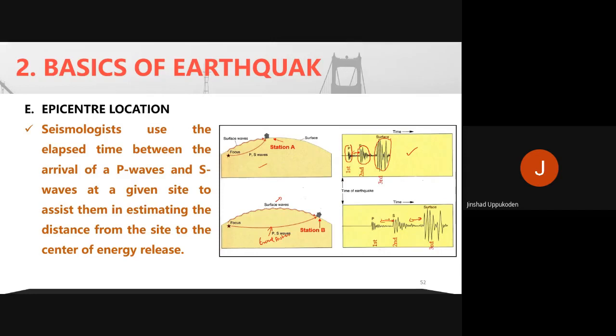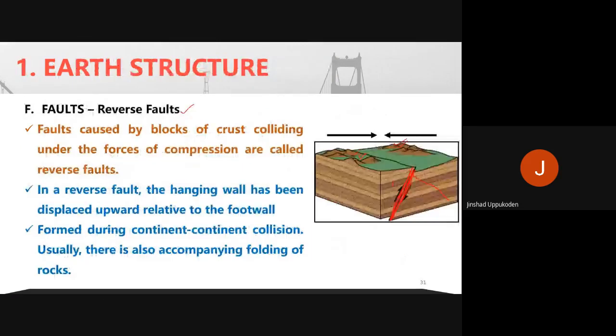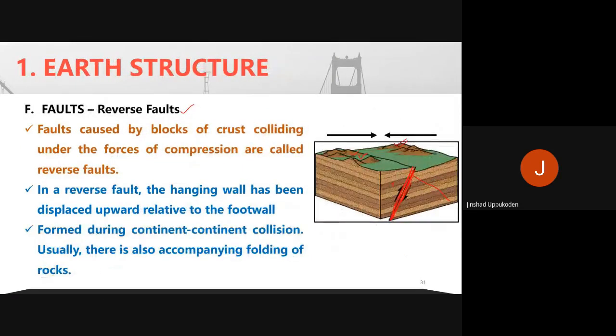That is regarding slip. The normal fault and reverse fault result in dip slip. Let me show you the figure. The normal faults and the reverse faults, this inclined way in which the fault moves, we call it the dip slip.